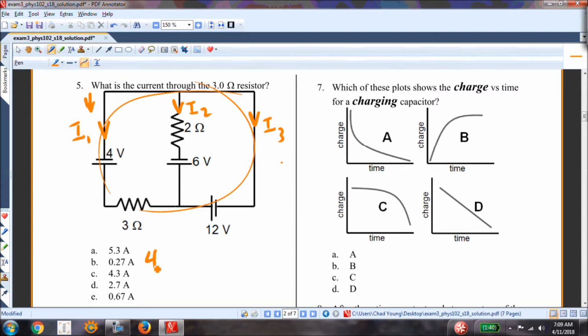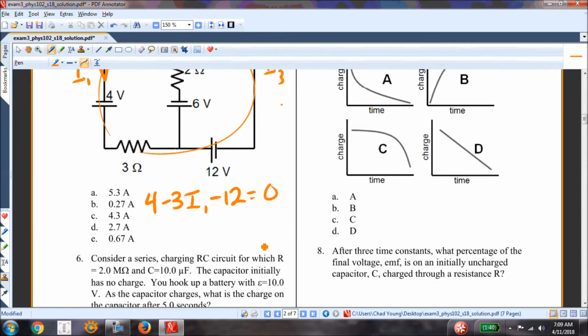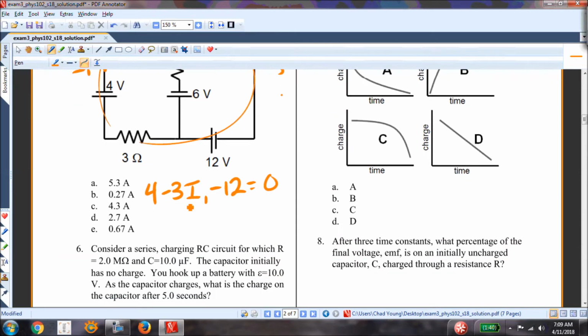So that's going to be 4 minus 3I1 minus 12 equals 0. There are more complicated ways that you could do this, but this is the simplest. It's negative 3I1 equals 8. So I1 is negative 8/3. Oh gosh, what is 8/3?